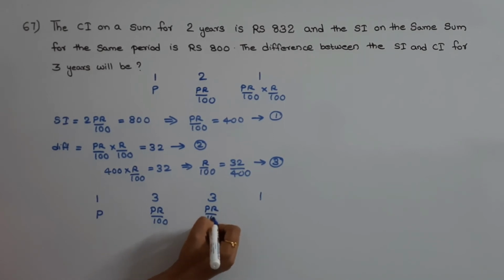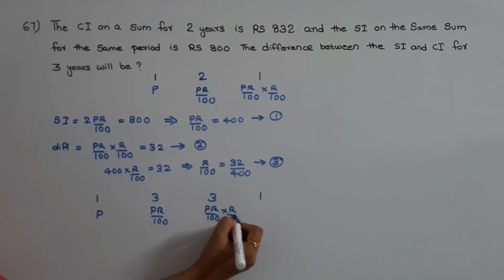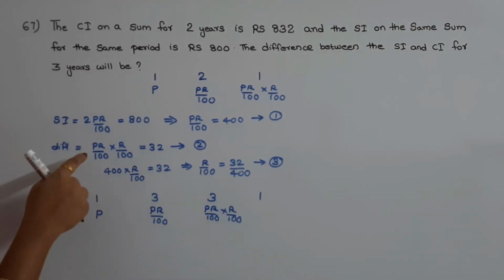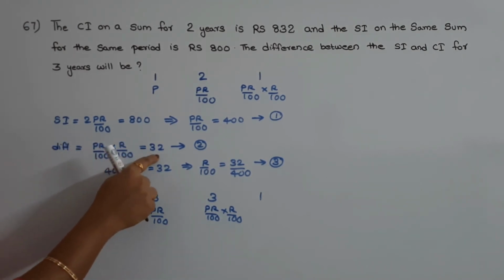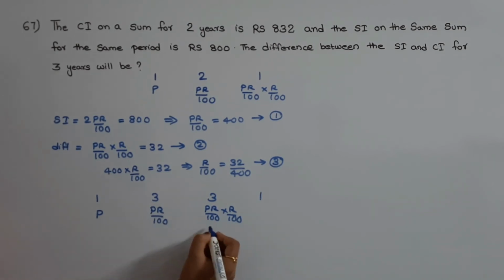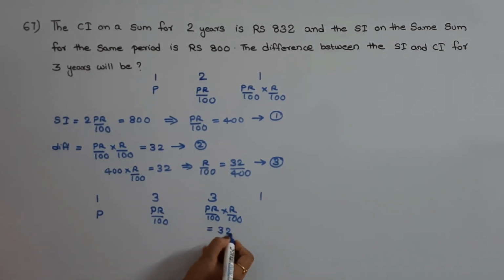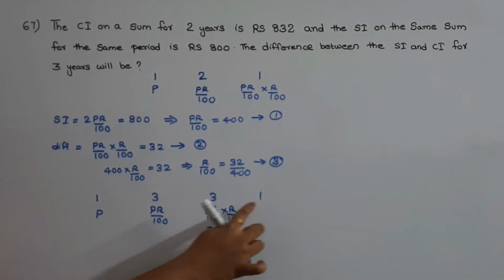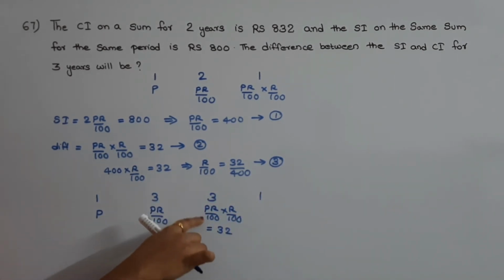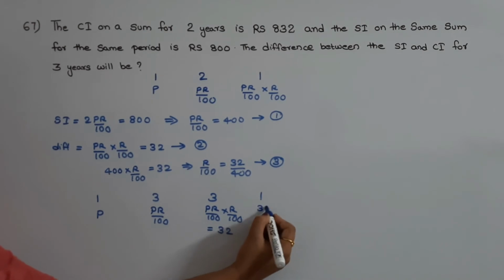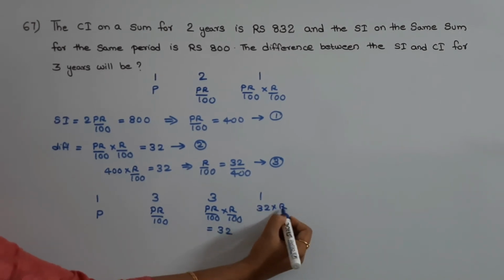But we know the value of PR by 100 into R by 100, that is 32. So we can write here it as 32. Now here what we need to write? We need to write this value into R by 100. So this is 32 into R by 100.